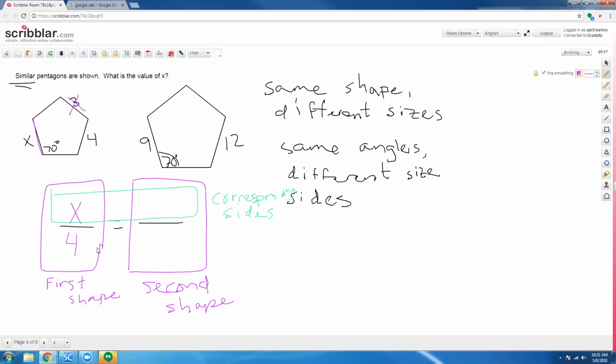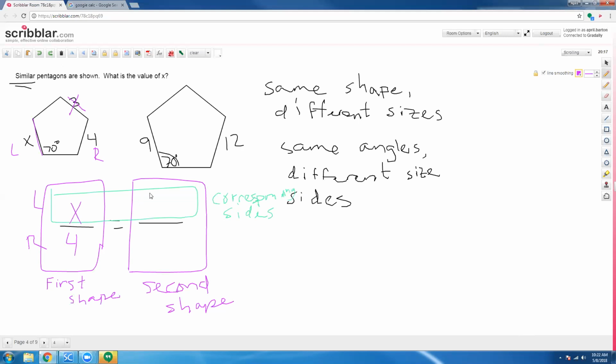So from the first shape, we're doing X over 4. Then we have to keep the same order on our second shape. We did left side and right side. Left was our top, right was our bottom. We've got to keep the same order. So should we do 9 over 12 or should we do 12 over 9? Which one will keep the correct order of doing the left corresponding to the right?